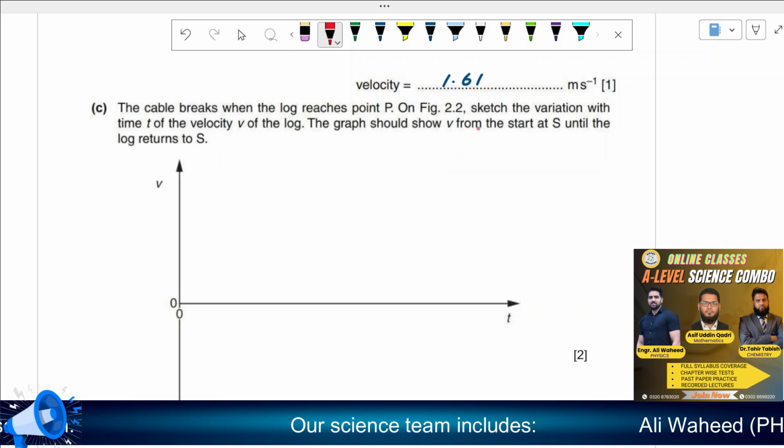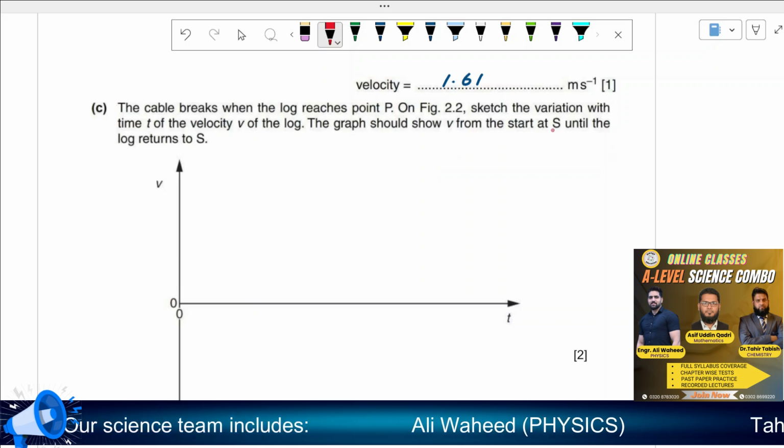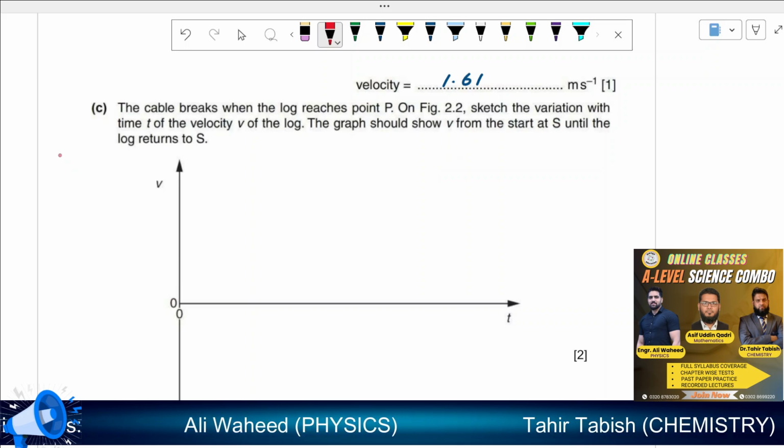So the graph should show velocity from the start, S, until the log returns back to S.